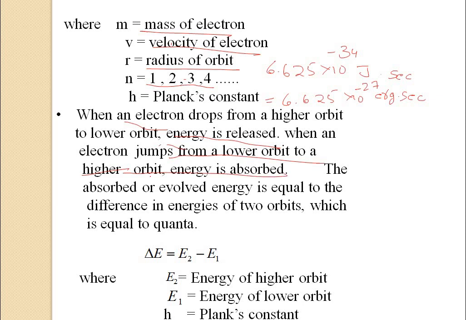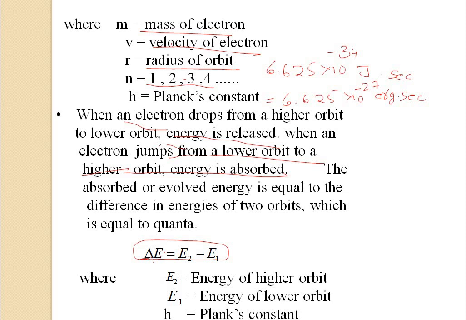The absorbed or evolved energy is equal to the difference in the energies of the two orbits, which is delta E equals E2 minus E1. Delta E is the change in energy when the electron jumps from a higher orbit to a lower orbit or from a lower orbit to a higher orbit.